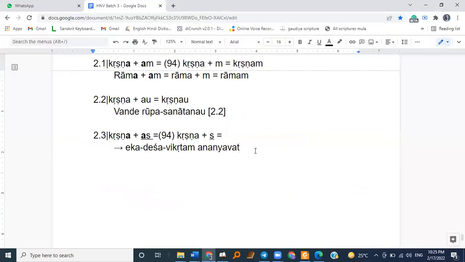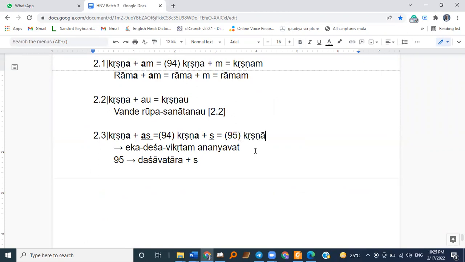First part is saying, Sutra 95, that if we have a Dashavatara at the first place followed by Shas, so it could be Sa only of Shas, then this Dashavatara becomes Trivikrama. For example, now here we have the Dashavatara Arama and then we have Shas following. So by applying this rule 95, we make it Trivikrama. So it becomes Krishna and then Yukta Sa.